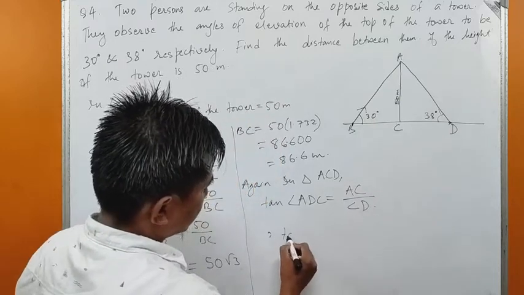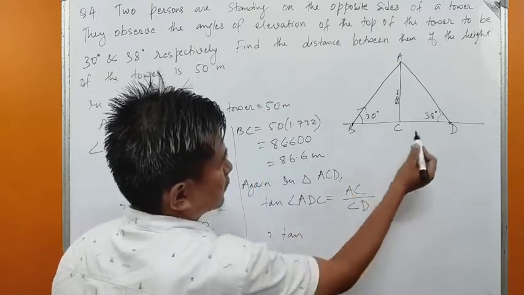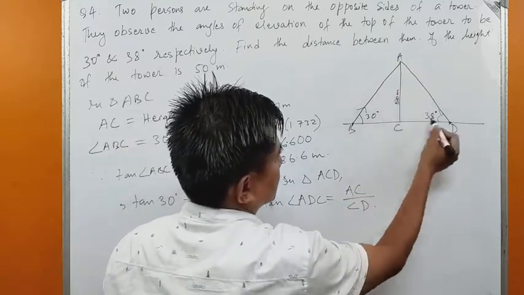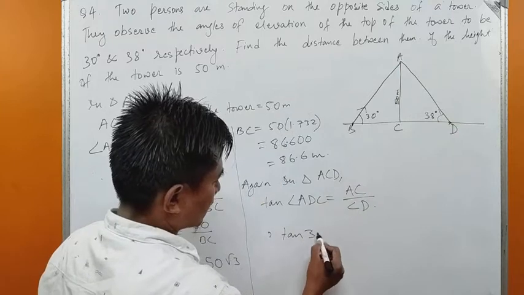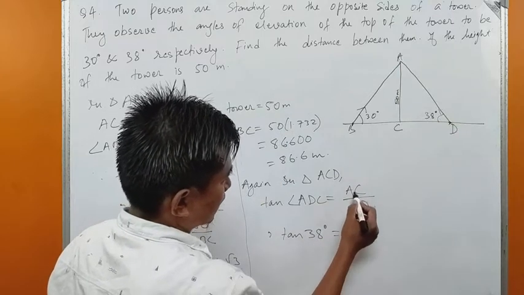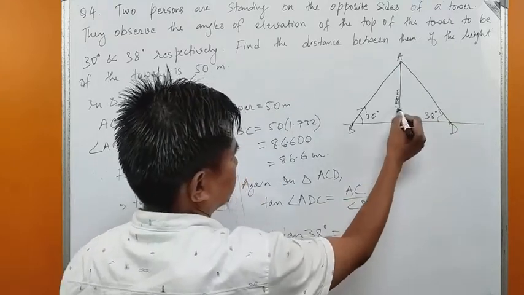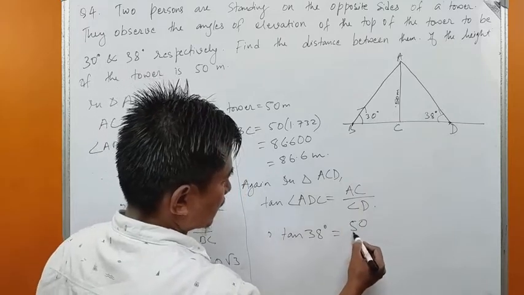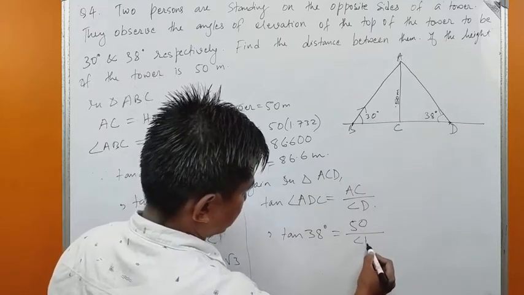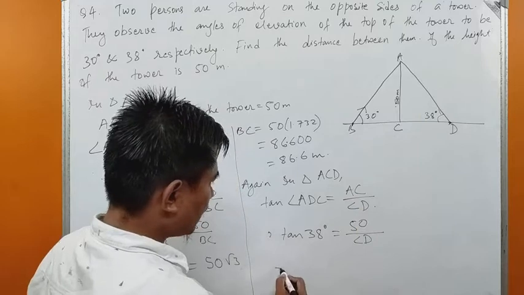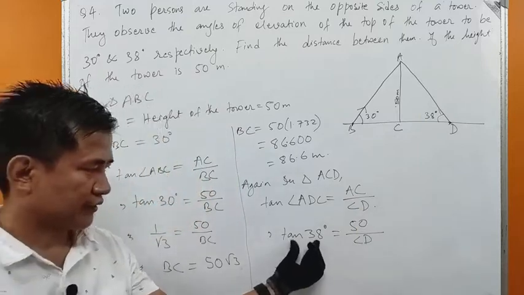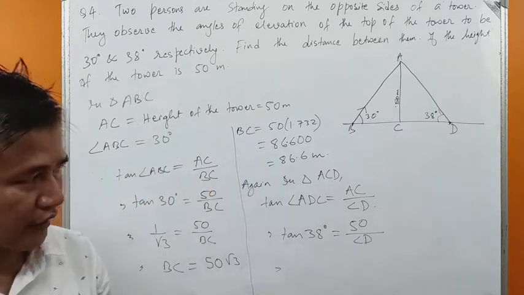Tan of angle ADC is given to us. ADC is 38 degree. Tan 38 degree equals AC, which is 50, upon CD. We are asked to find this. Now we will write the value of tan 38.